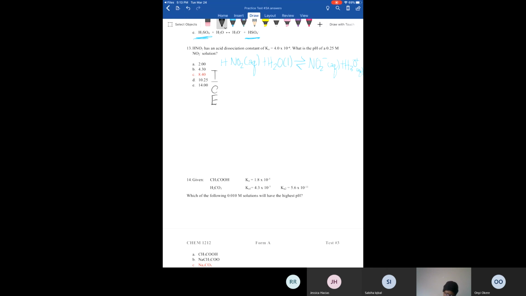So you have, oh, yikes. It's the reverse, because it gives you the concentration of the acid. Okay, so that's a little different. Let me just erase this. No, water stays the same.